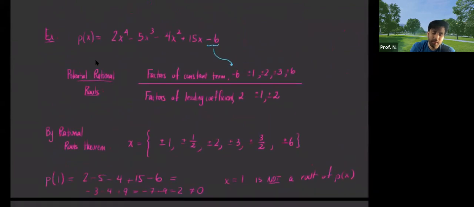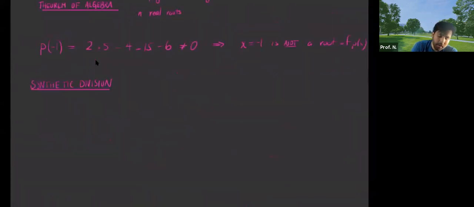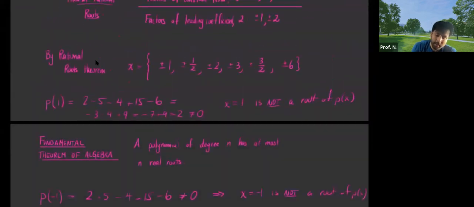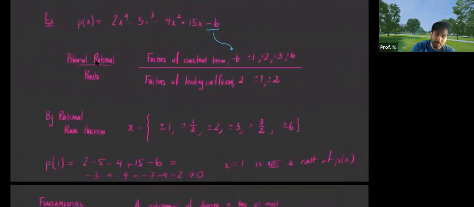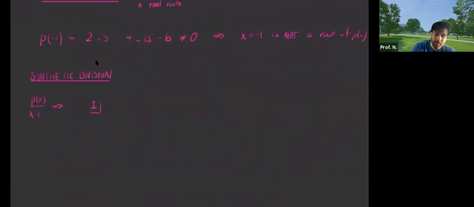Remember synthetic division: if I wanted to divide the polynomial by x minus 1, the root is 1 here. Some people put the vertical line like this and create a little box this way. I put it this way. It doesn't matter. What matters is the coefficients of the polynomial. It's 2, -5, -4, 15, -6.